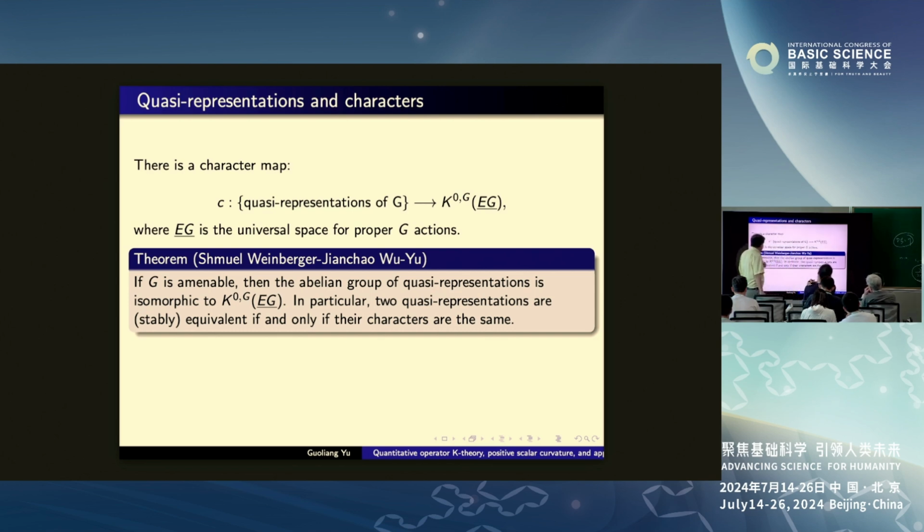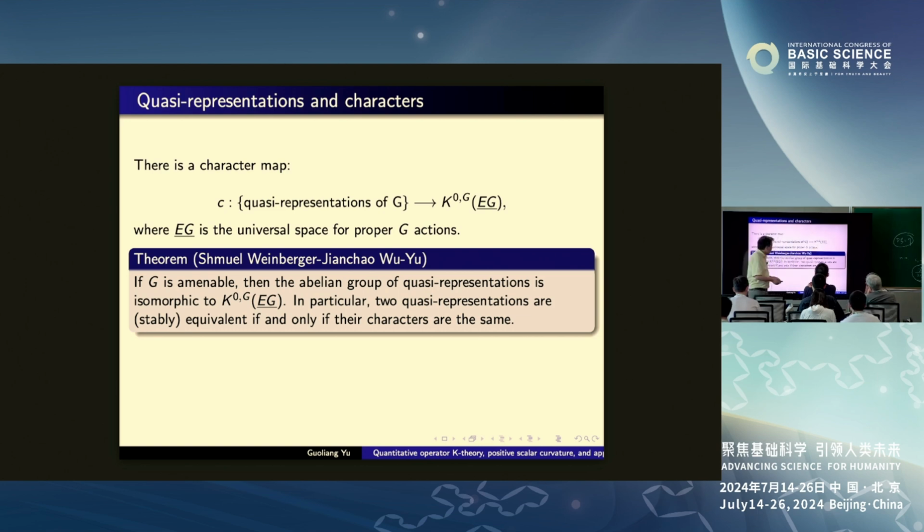In nice situations, for example when the group is amenable, the group of quasi-representations, well, we are K-theory people, so whatever we study, we let it generate an abelian group, is isomorphic to this group, which we know very well.